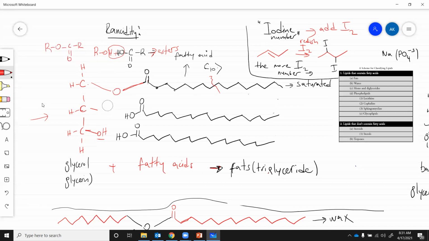And same thing here, because you have 3 of them, right? You're going to have 3 of them like that. Okay? And same thing here. You see that, right? Yep, very good. And again, once you have glycerol mixed with the fatty acid, we are going to call you fats, or we are also going to call you triglycerides, okay?